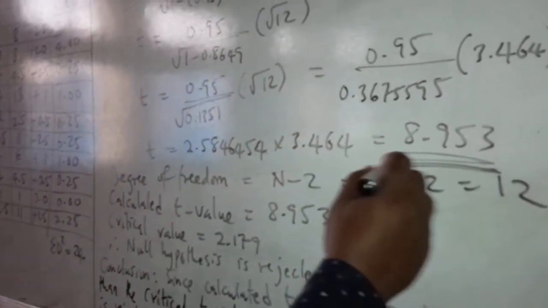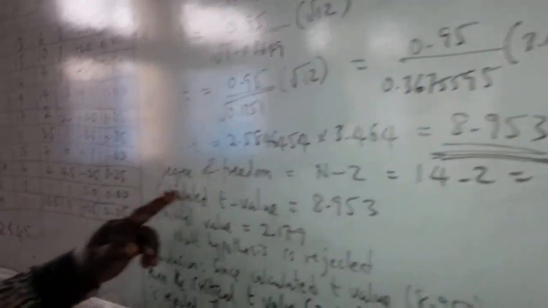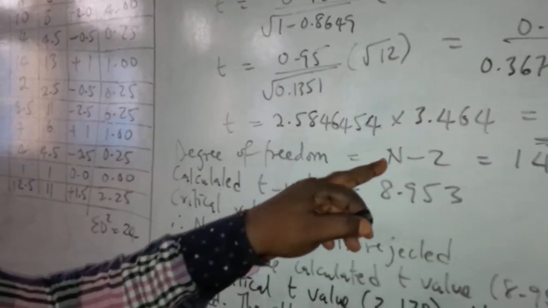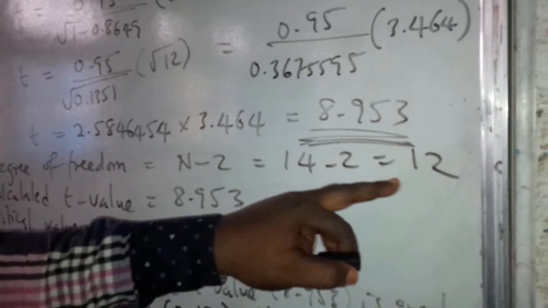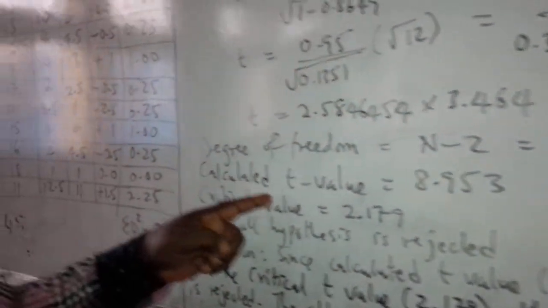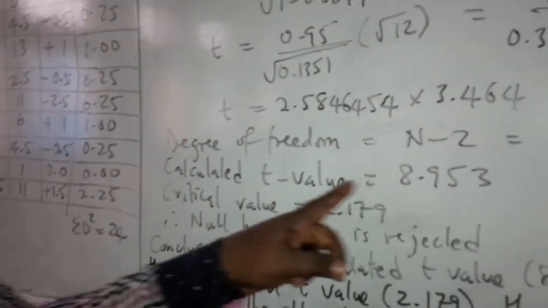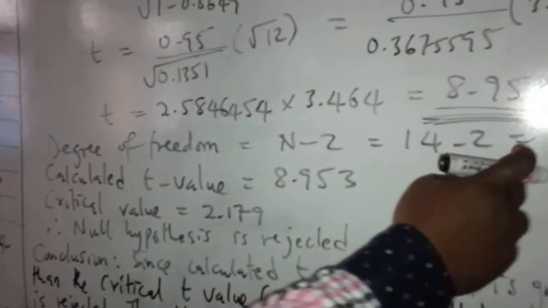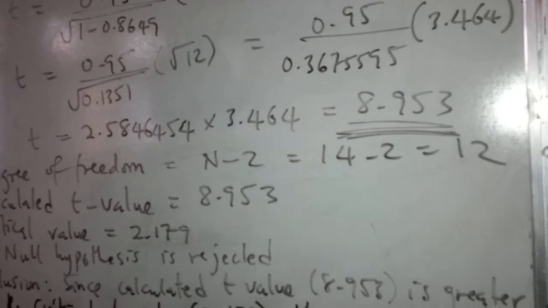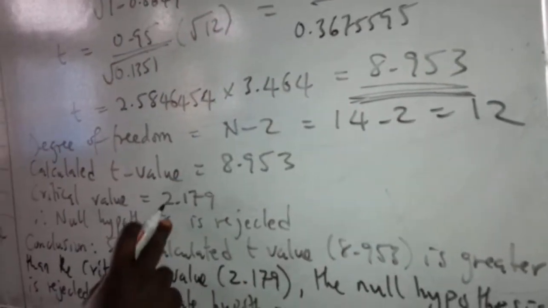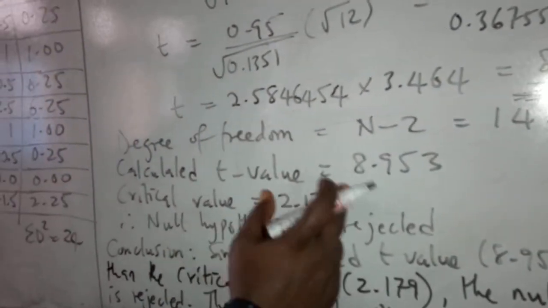Now after that, this is the T value. This is assumed to be the calculated T value. The degree of freedom, remember, is n minus 2, and our n is 14 minus 2 is 12. You now check this 12 under the t-test table. Under 0.05, what you have is 2.179.